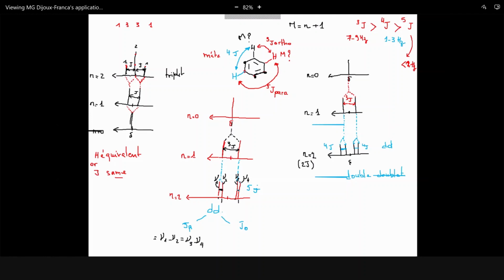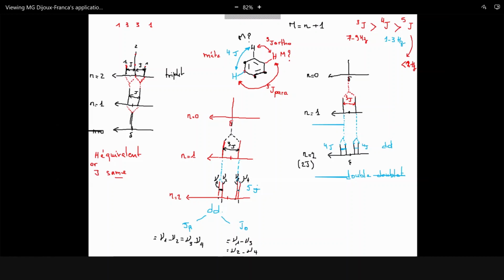So the J ortho will be calculated like this, nu1 minus nu3. But it is also equal to nu2 minus nu4. Okay for you? Okay.